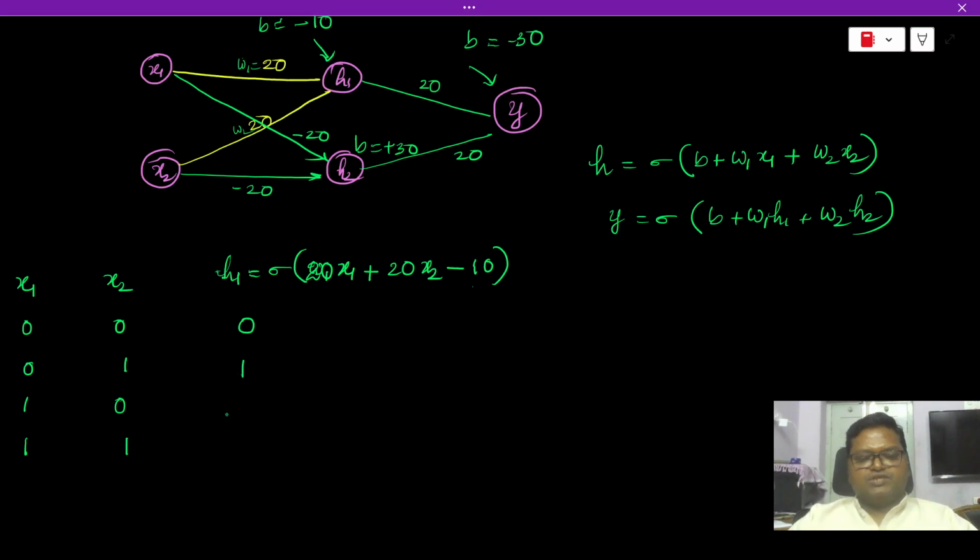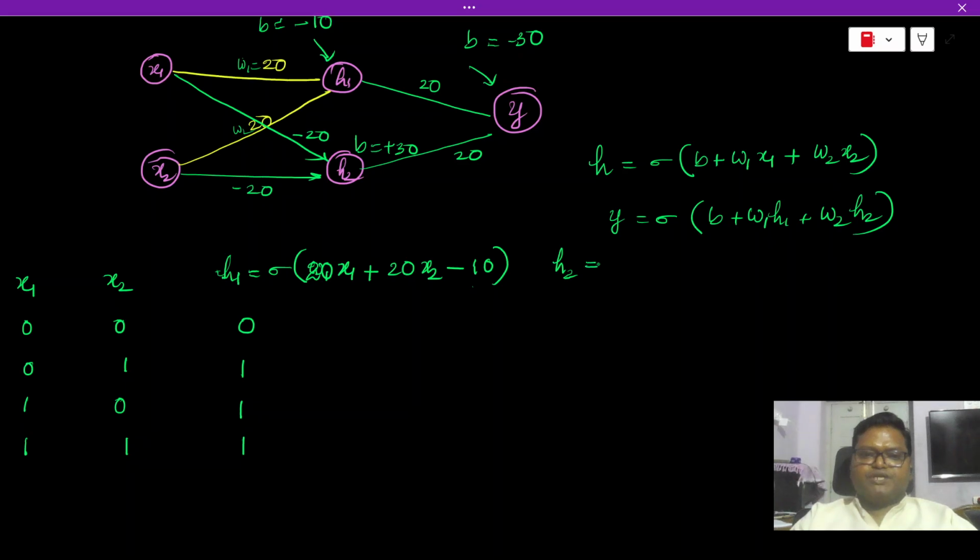In the last class, we saw how the sigmoid works. Any positive value, 1. Any negative value, 0. So similarly, this will also be 1. And here it will be 20 plus 20, 40 minus 10, 30, that is equal to 1. So this is H1. And what about H2?